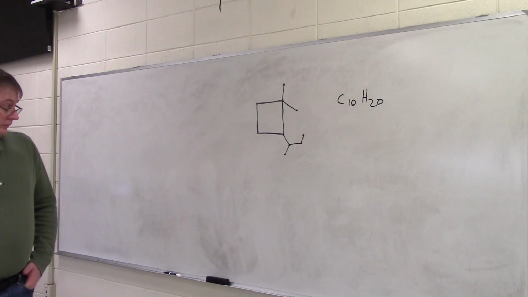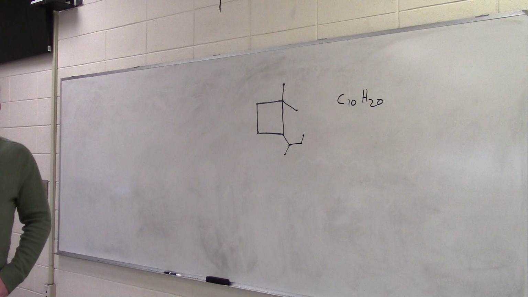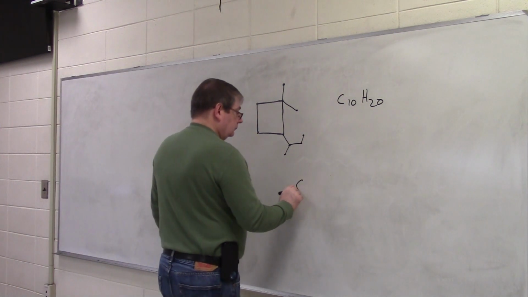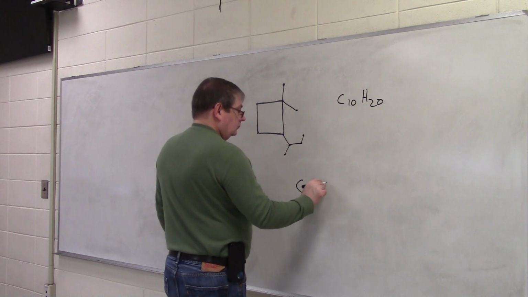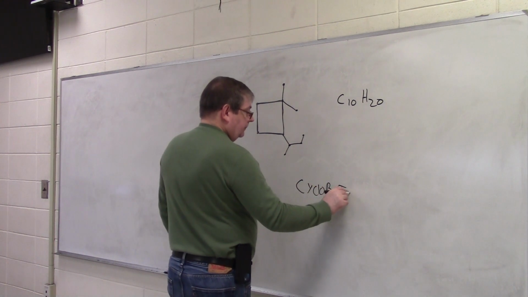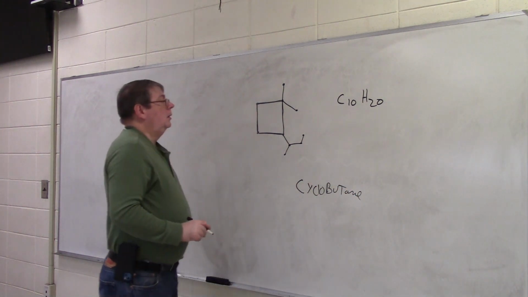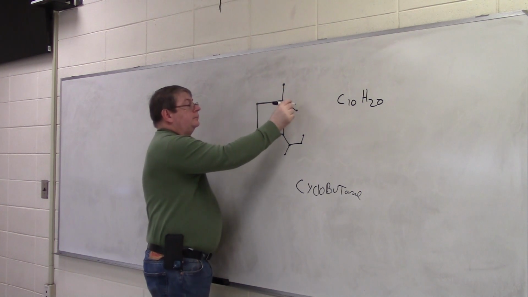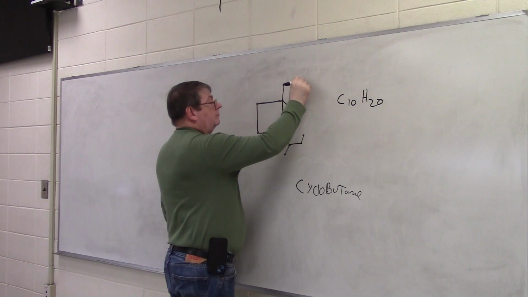Okay. So how would we name the box? If it's 4, it's butane. That's right. What are these groups? Methyl. Okay, so we got 2 methyls, right?